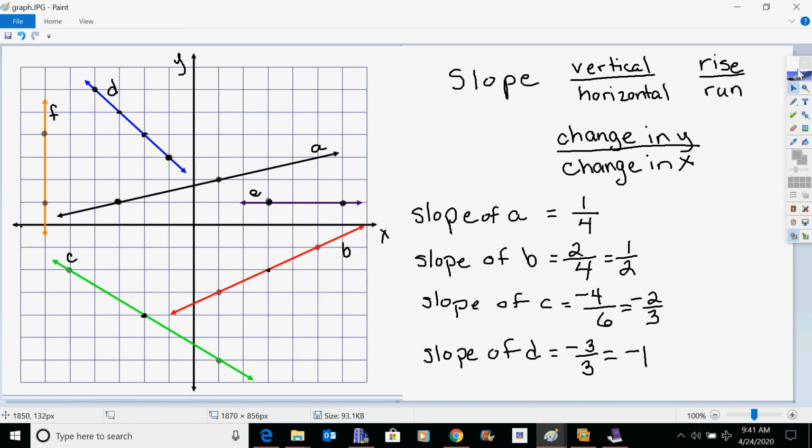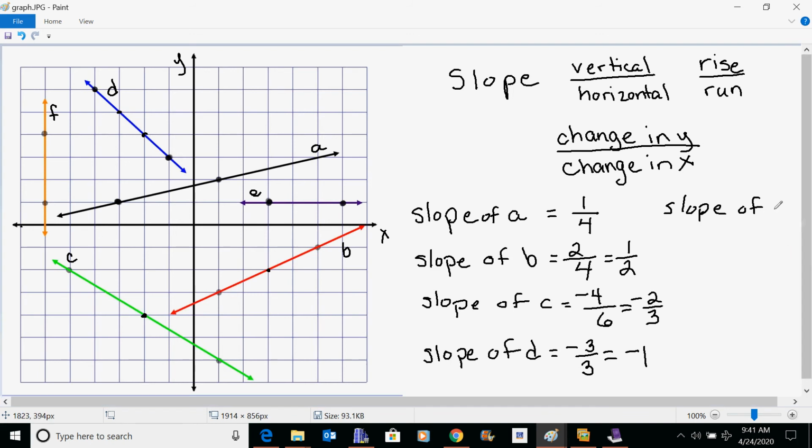These are easier to think about the way I just told you a minute ago, if you don't do any counting at all. Because if I'm looking at the slope of E, this is flat this way.